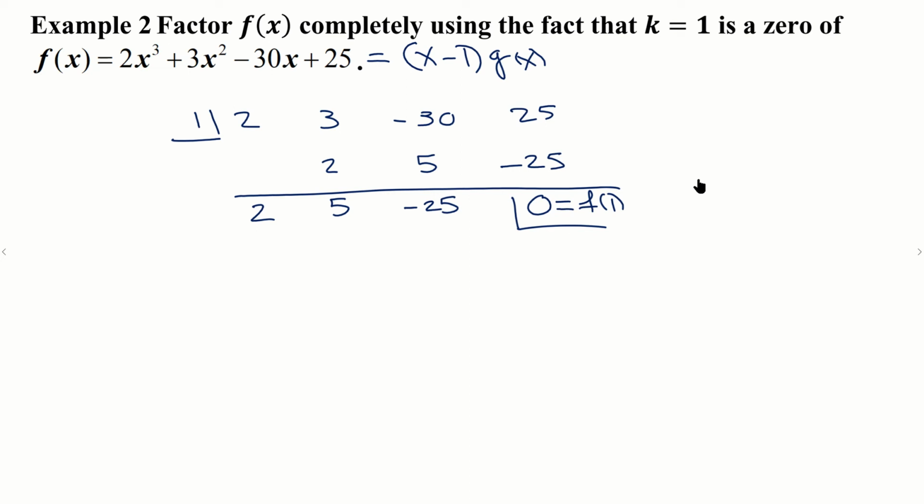So we're going to write f of x as quantity x minus 1 times quantity x squared plus 5x minus 25. Oh, be careful, we dropped a 2. So 2x squared plus 5x minus 25. All right, so now we have f of x equals quantity x minus 1 times 2x squared plus 5x minus 25.